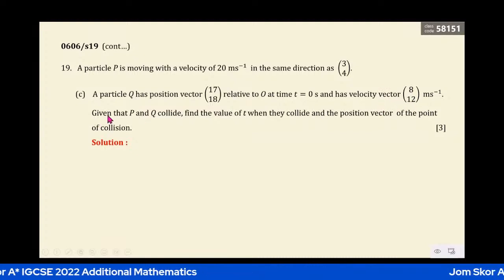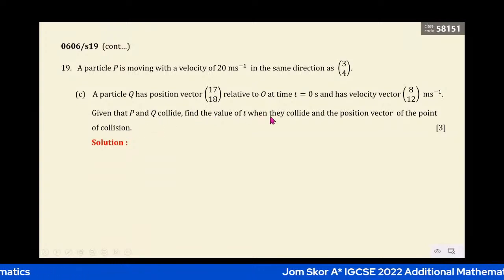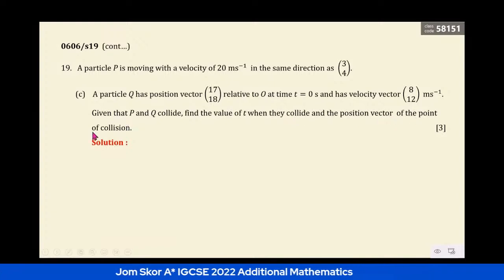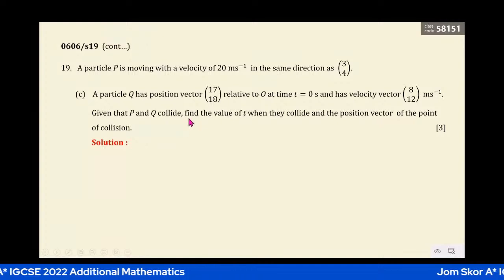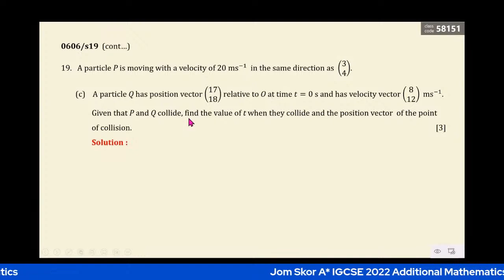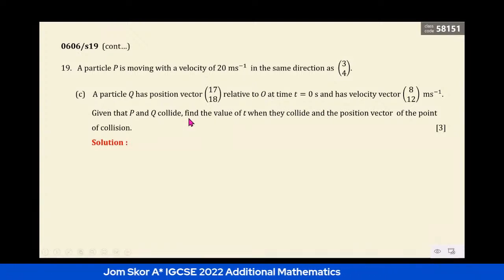Okay, dia kata P and Q collide. Find the value of T when they collide and the position vector of the point of collision. Okay, so we have two questions here. First, we have to find the value of T when they collide. After that, kita nak cari position vector of the point of collision.